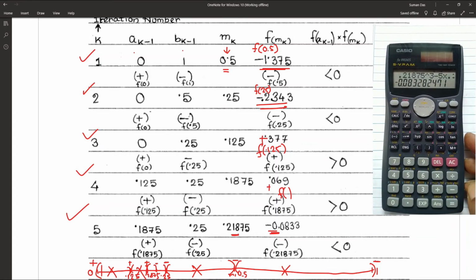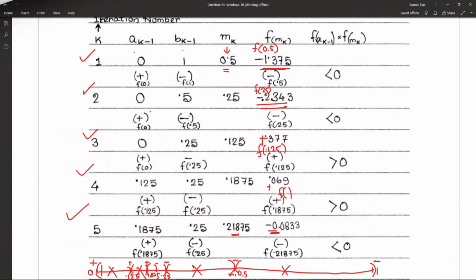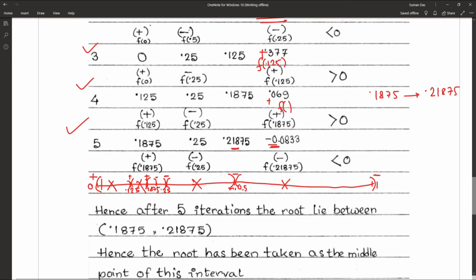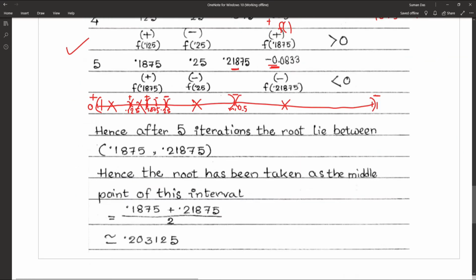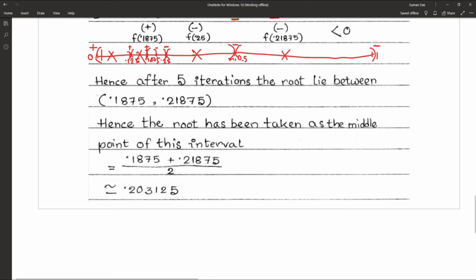As usual, the new range is now 0.1875 to 0.21875. After the fifth iteration, the root lies between 0.1875 and 0.21875.